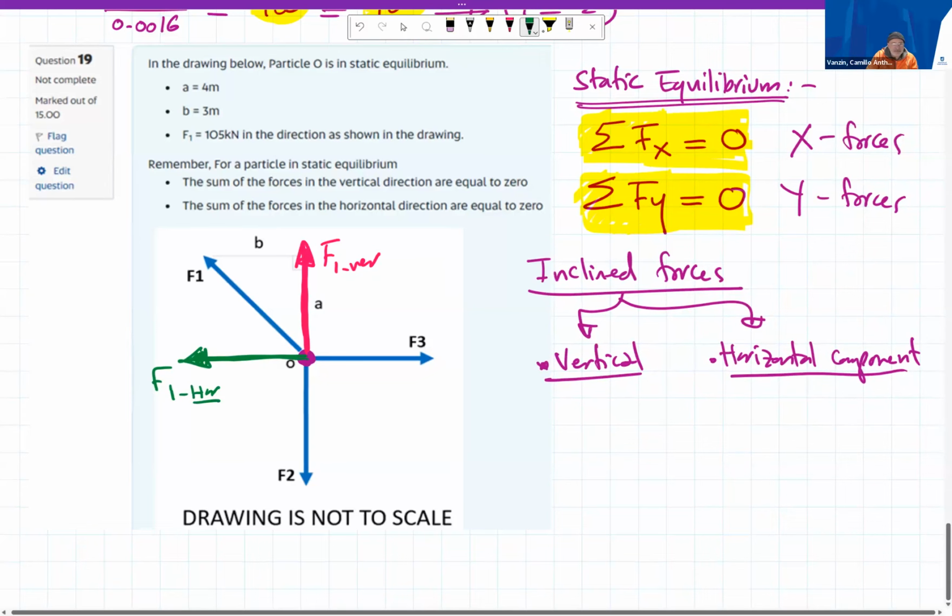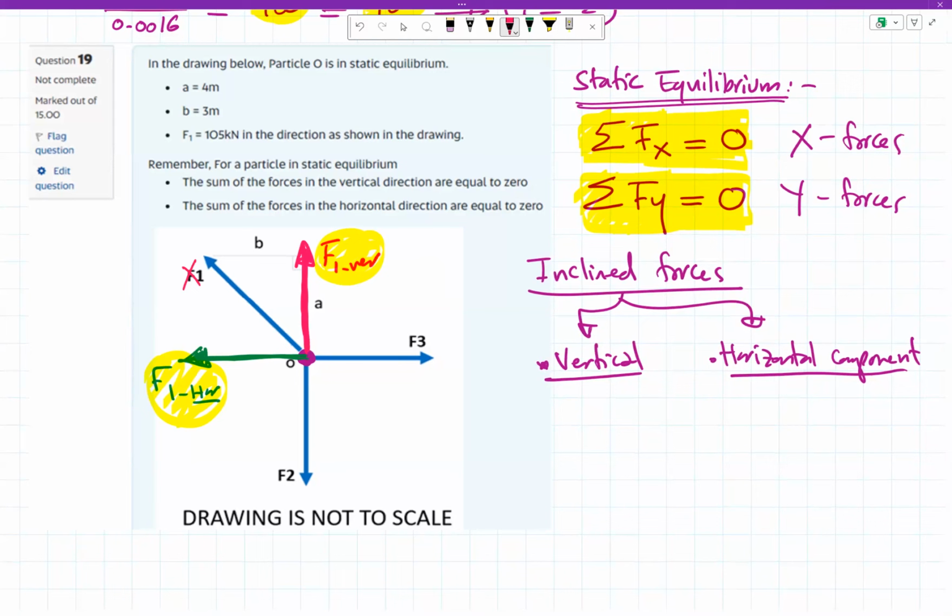If we know F1 vertical and F1 horizontal, we can assess the equilibrium. In this case, we don't need the original force F1. So the idea about analyzing is canceling the inclined force and converting it to two components, one vertical and one horizontal.